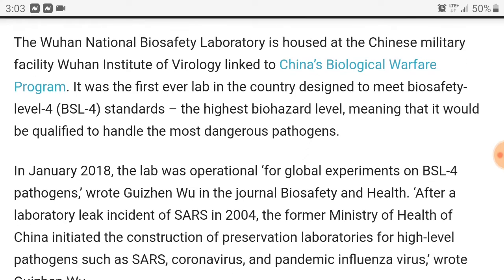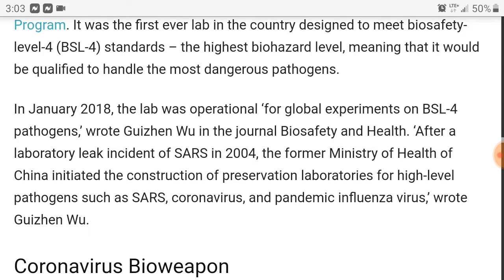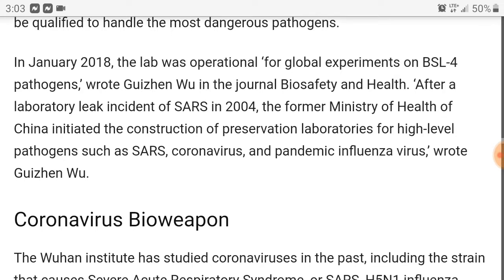Okay, so as you get into this, it talks about the biosafety laboratory being housed at a Chinese military facility. It is also linked to China's biological warfare program. It was the first lab in the country designed to meet biosafety level 4 standards, the highest biohazard level, meaning that it would be qualified to handle the most dangerous pathogens.